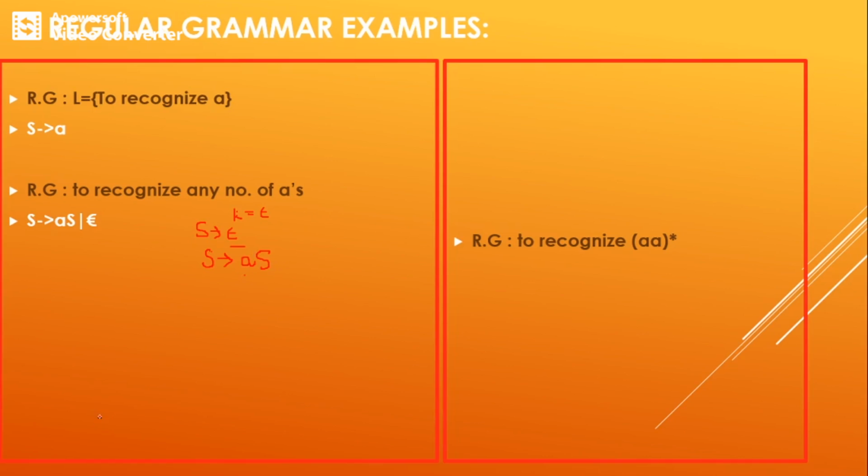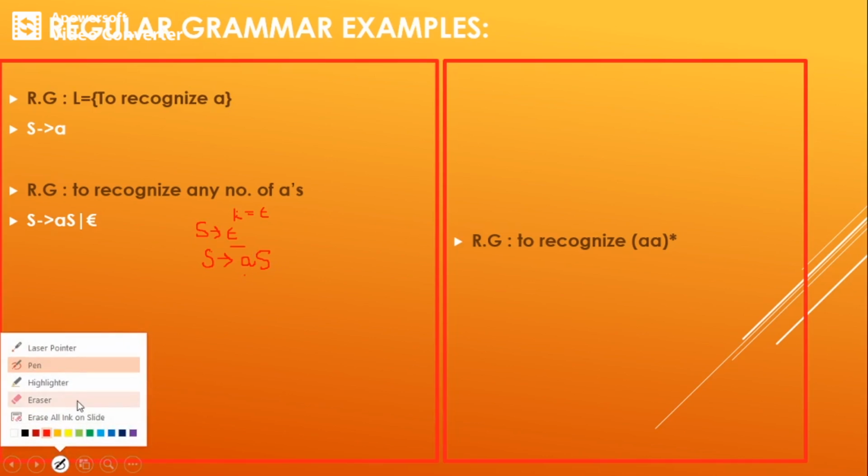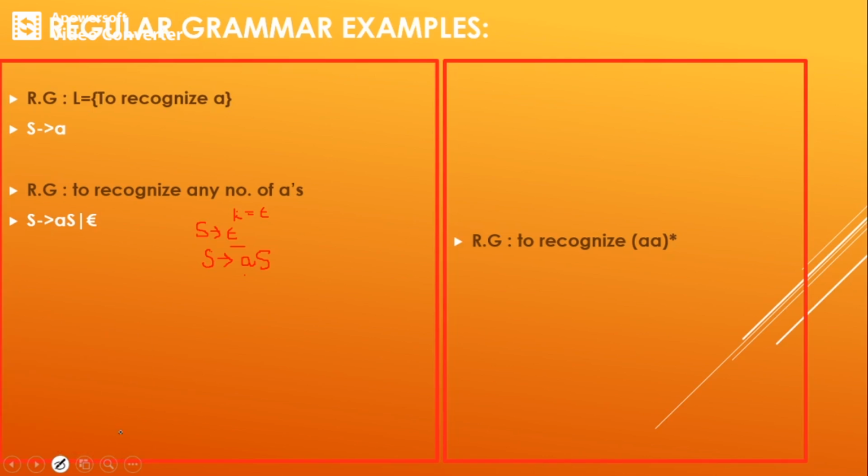So let me explain how I get that. Let me show the derivation of how I can get 4 a's or 5 a's. Say I have to recognize aaaa. Start from the start state. For the first a, the rule that gives me a is S gives aS. Then I again have S here, so this stays as it is.